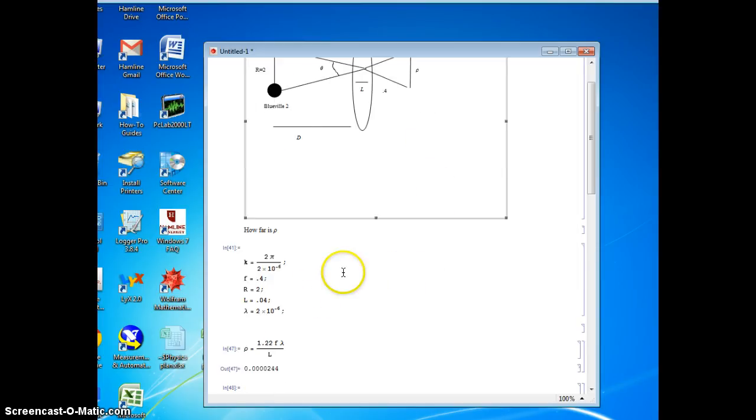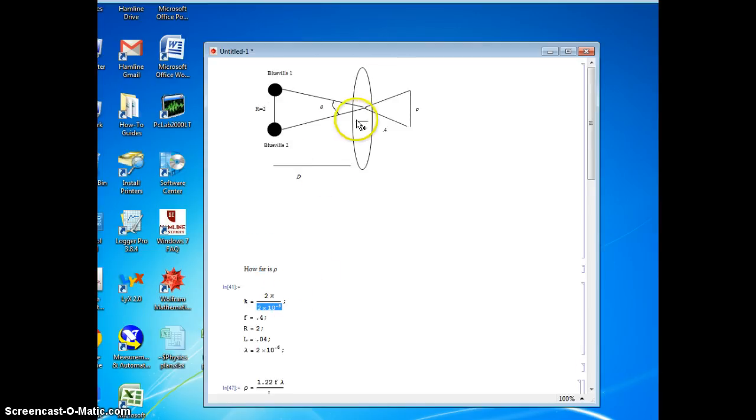So here we go. We've got this equation that I was using, and first there's a certain critical angle, which we've got an inequality for, which is k. That is 2 pi over wavelength, and I'm saying the wavelength in this case is 2 times 10 to the negative sixth times L, the length of the mirror, times rho over 2f.